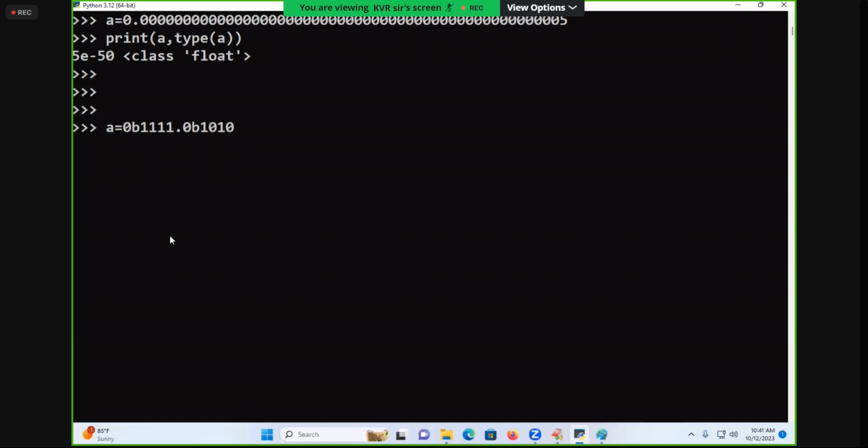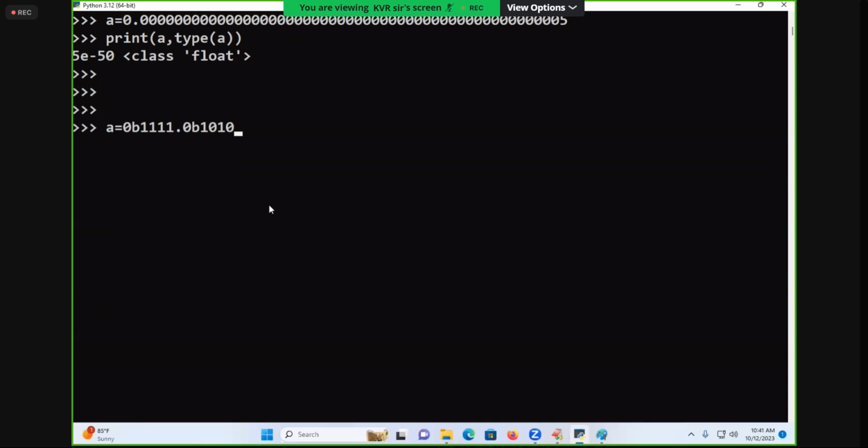So 15.10? So 15 point what? This is a dot, this is a 1 and this is a 1. What is the answer? 15 point. That is the wrong answer.